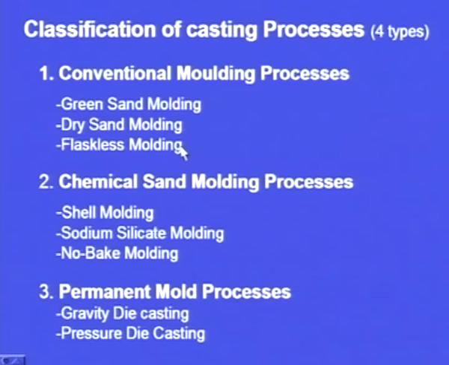Among the conventional moulding processes, green sand moulding is widely used. In fact, our ancestors have been using this green sand moulding, and the moulding medium is not costly, and any big component can be manufactured.